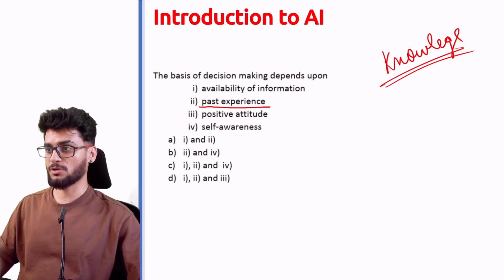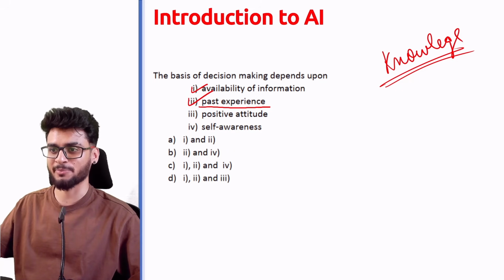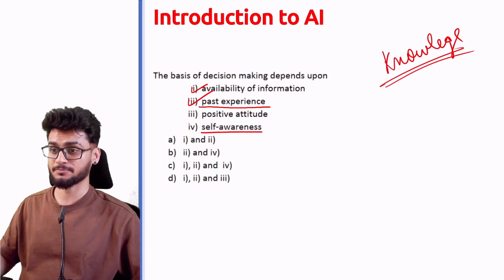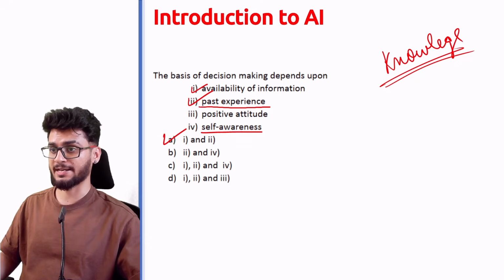For example, if you learn from your mistakes, right, it helps you make better decisions. So 1 and 2 are right. Positive attitude does not actually help in decision making. It just changes your outlook towards the decision making process. Self-awareness also एक mental चीज़ है. It does not actually help in decision making. So 1 and 2 are the correct answers.